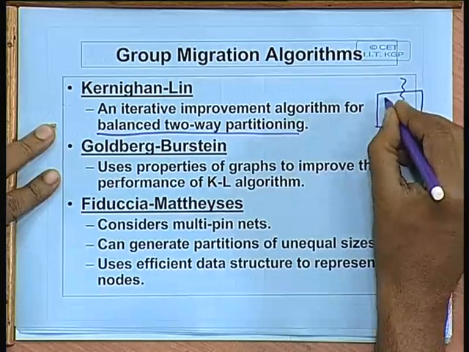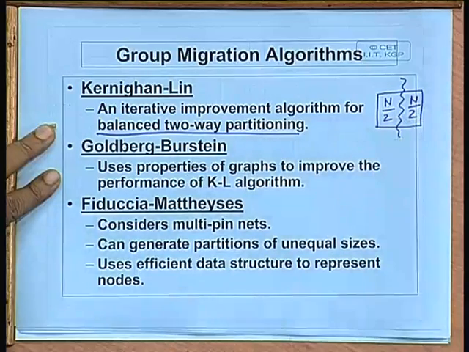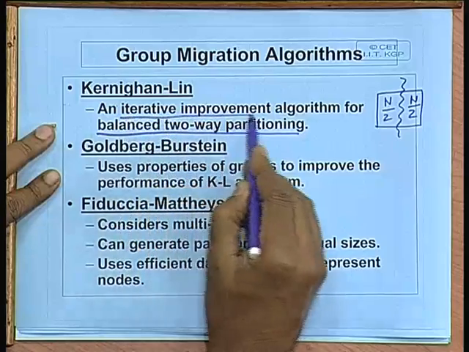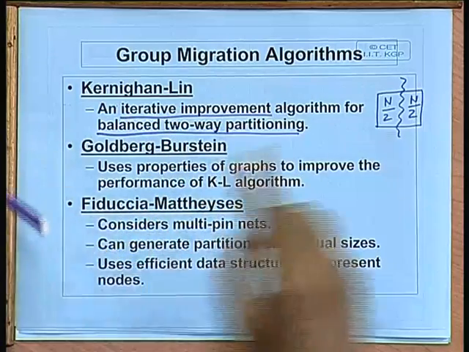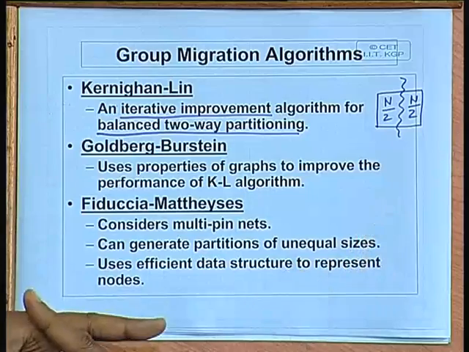If the total size is n, it will be n by 2 and n by 2. And it is an iterative improvement algorithm. In a loop, we try to identify the pair of nodes whose exchange will give me the best benefit, and accordingly I try and exchange such pairs of nodes, right.